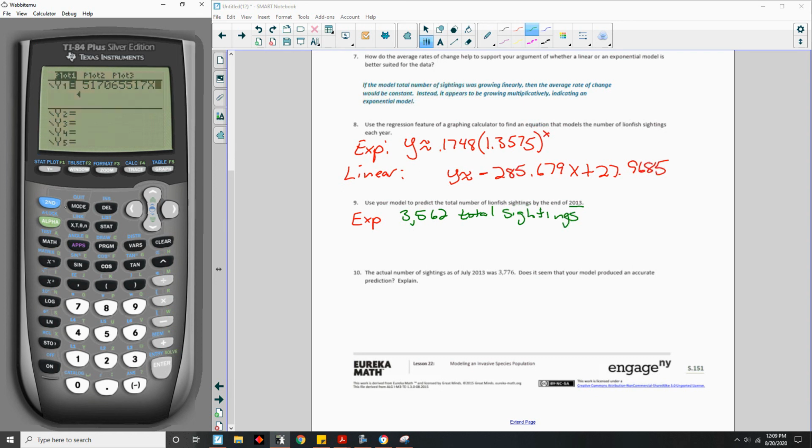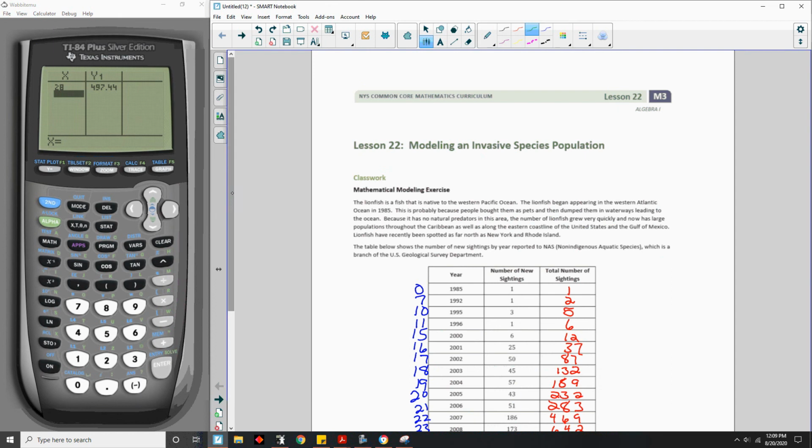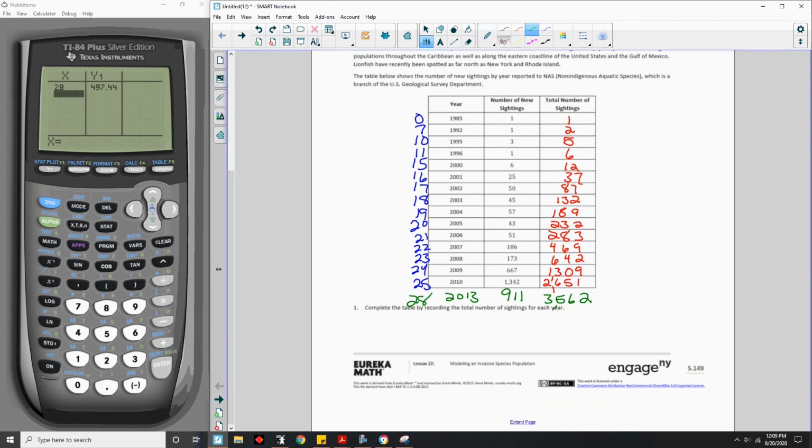That's how we paste it. And now we hit second graph and press enter. There's the approximation for the linear, 497. So now if I go back here, I'll do this one in purple. That would have been 497 if this were linear.